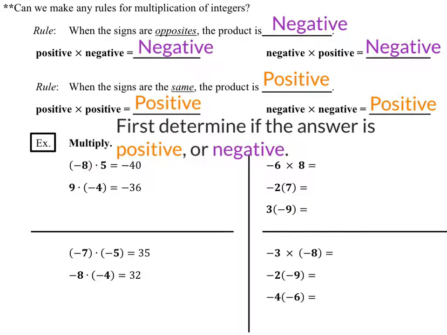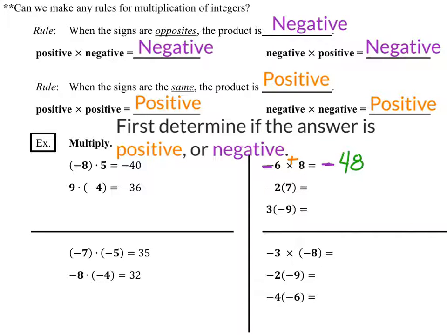So this first example that we see, -6 times 8, again, the first thing I want to do is determine if the answer is positive or negative. Since there's this one negative right here, and the 8 is positive, that means the signs are opposite, so I know my answer is negative. Then I can do 6 times 8, which is 48.